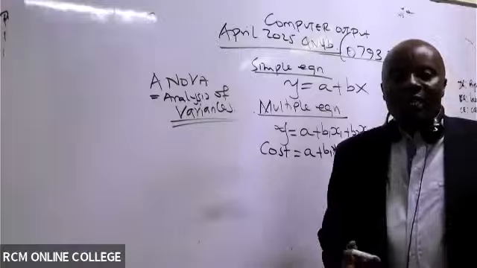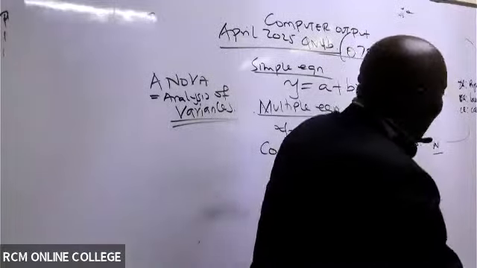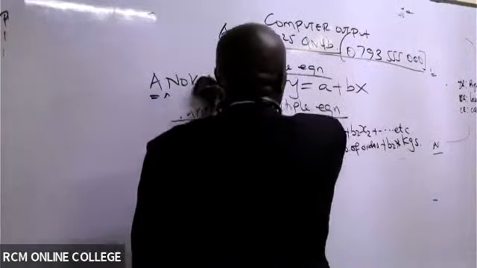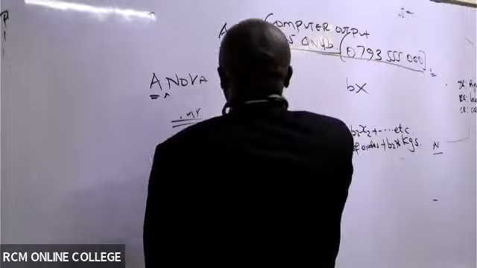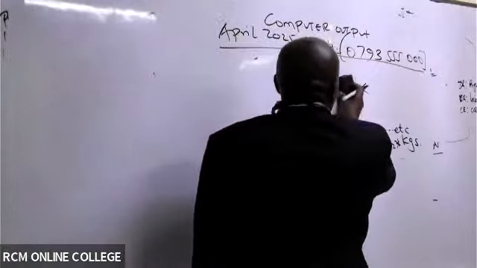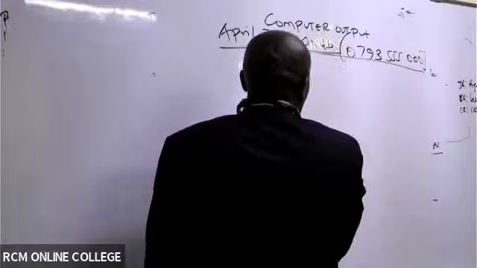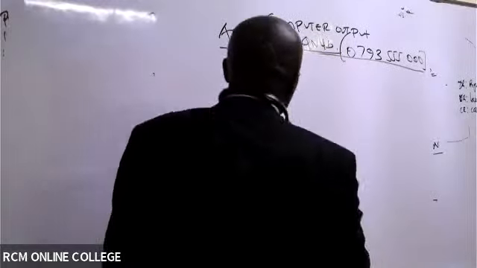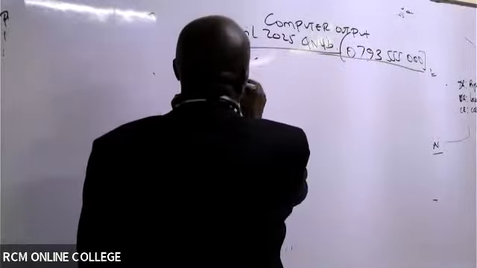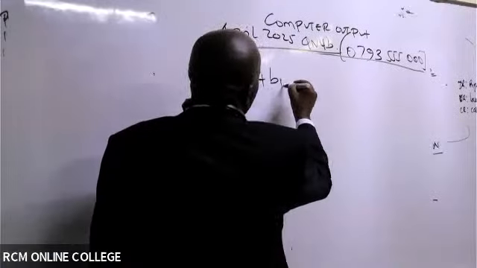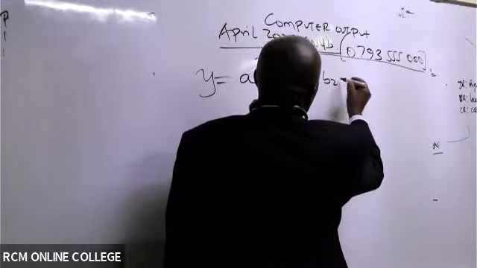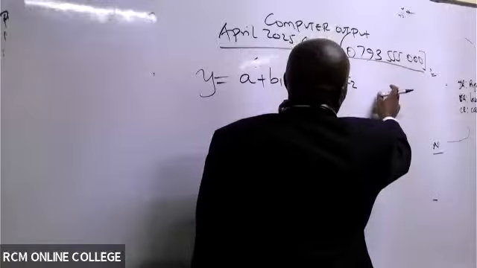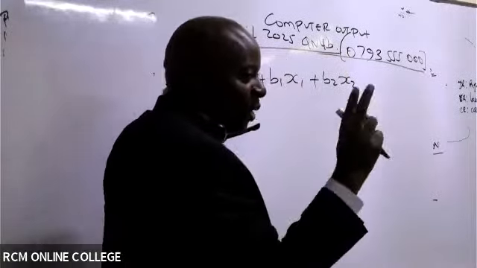So now that all of us have tried it, you have to allow Mwalimu to do it, isn't it? They have told me to write for them a multiple regression equation. So we know if it's multiple, it is y equals a plus b1 x1 plus b2 x2. It shall not have the blah, blah, blah, because here we know we have two x's.